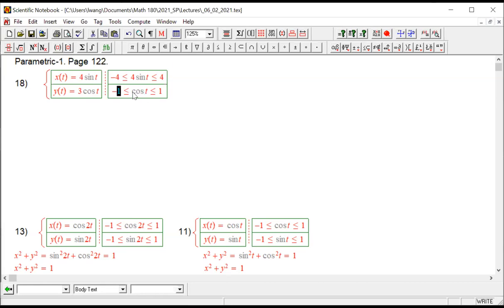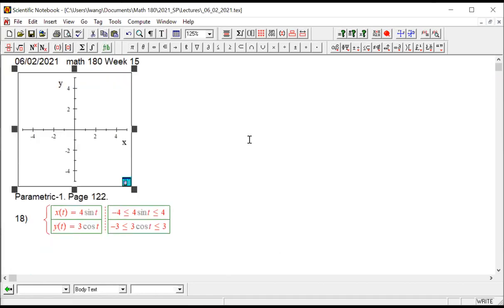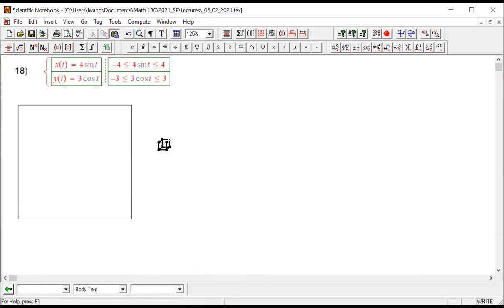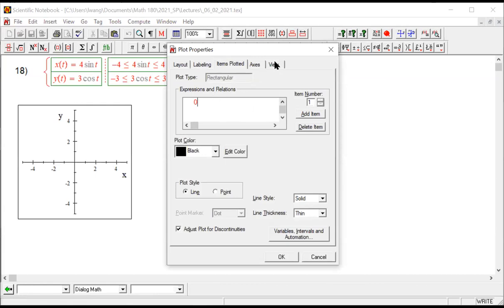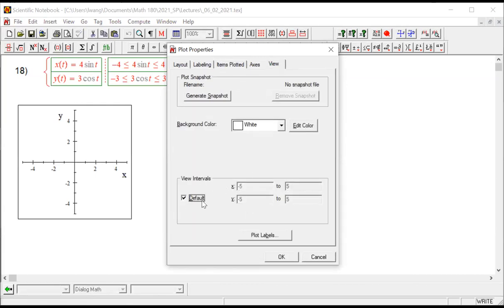And this will be between -3 and +3. Do you guys see that? So when you set up your rectangular system, we know the range. The x direction is going to be from -4 to +4. The y direction is going to be from -3 to +3.